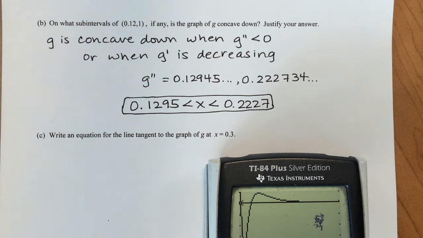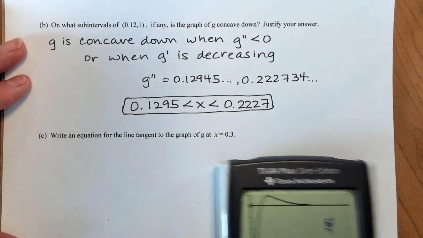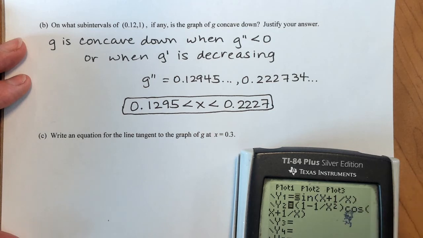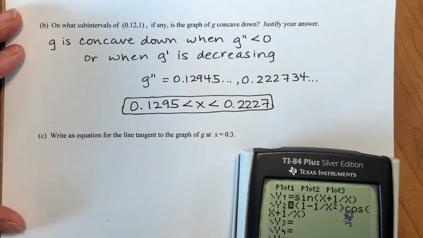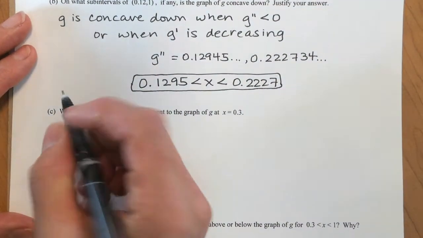All right, part C. Write an equation for the line tangent to the graph at x is 0.3. Okay, so we are going to need a couple of things here. I've got my first derivative and my second derivative typed into y1 and y2.